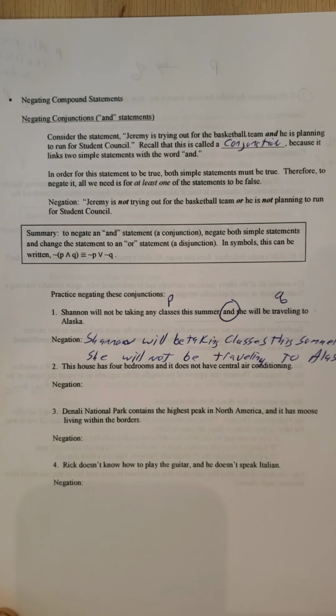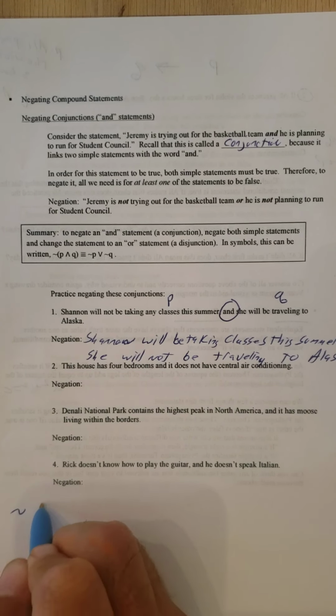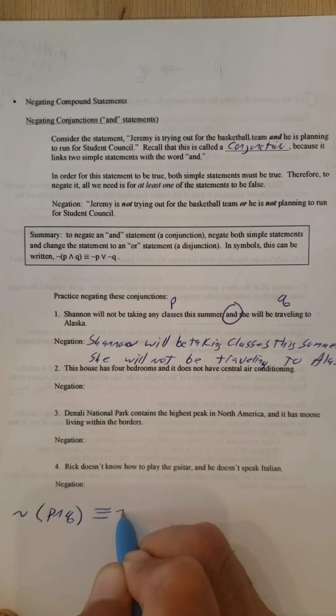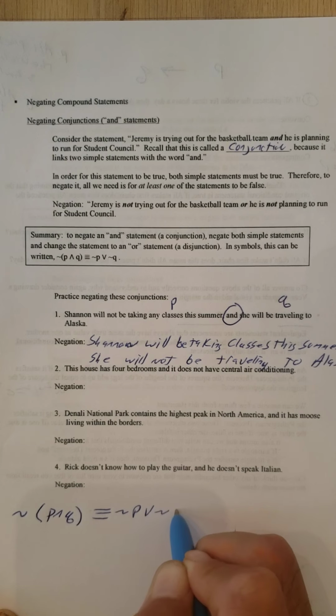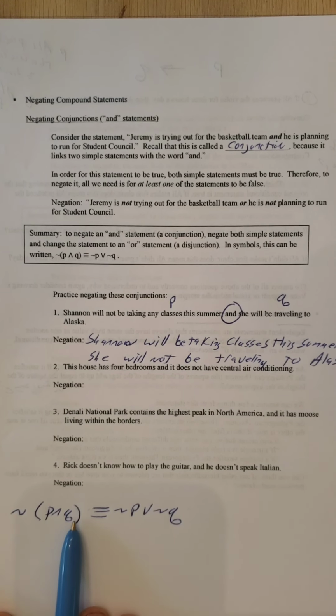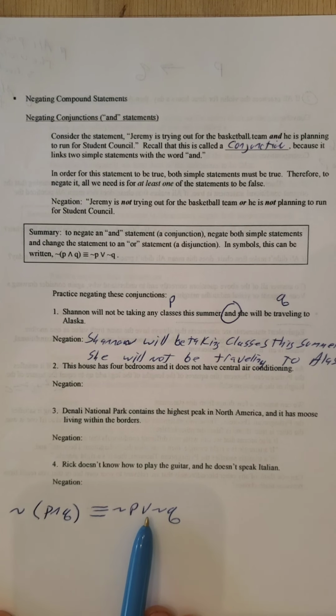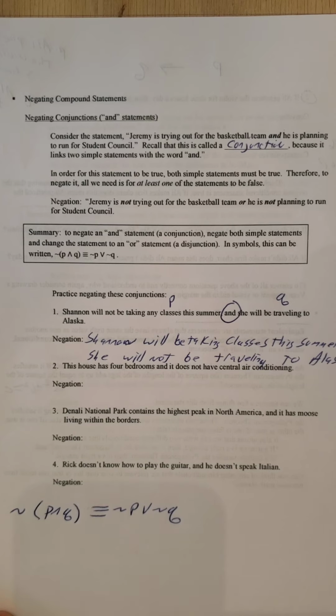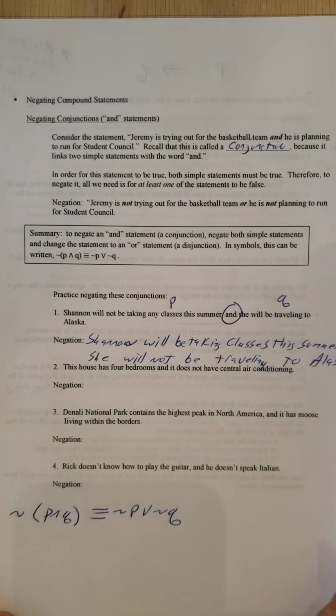Okay? So a big thing here, the negation of an and becomes an or, and you get rid of the parentheses. So the negation of not P and Q is not P or not Q. Okay? So I'm going to ask you guys to do 2, 3, and 4 on yours. All right?